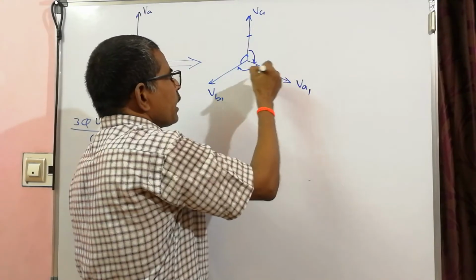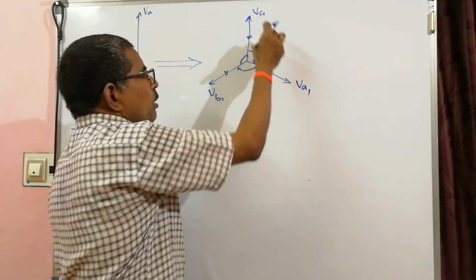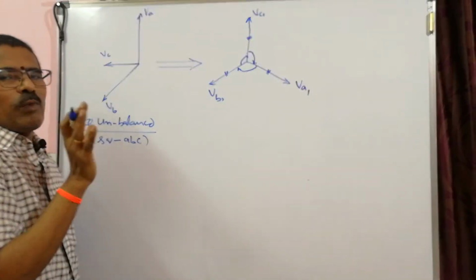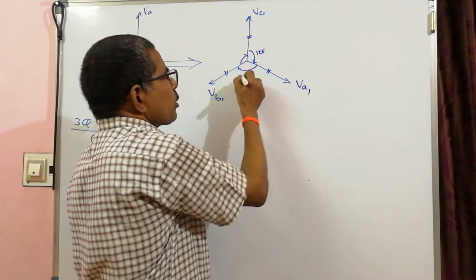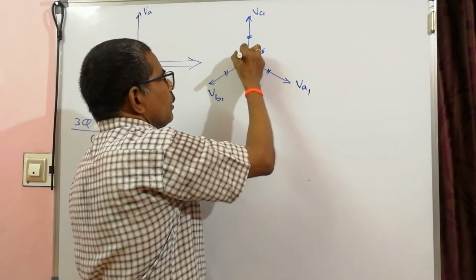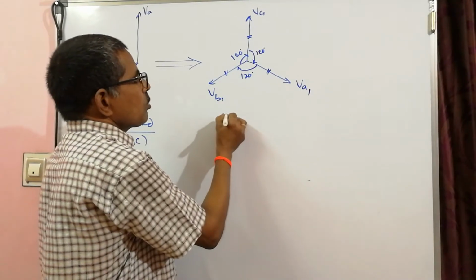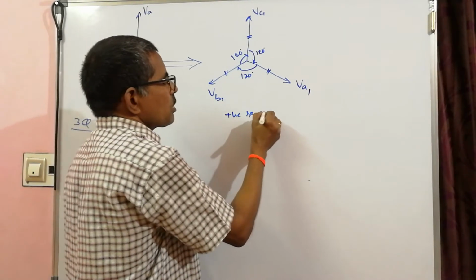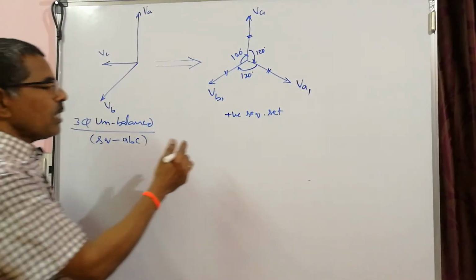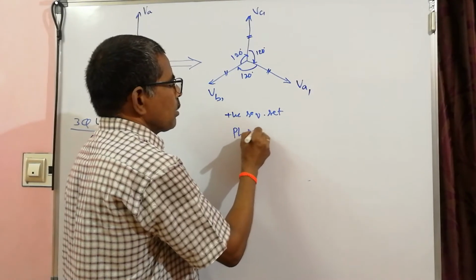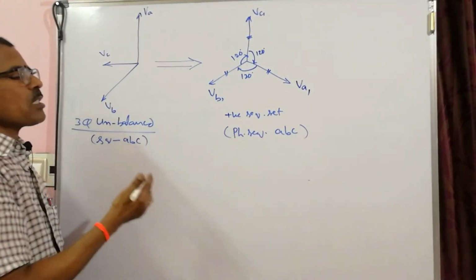These are all identical in magnitudes, and have an interphase angle of 120 degrees with respect to each other. And you can see it is following ABC sequence. So, the positive sequence set follows phase sequence ABC as that of the original unbalanced system.